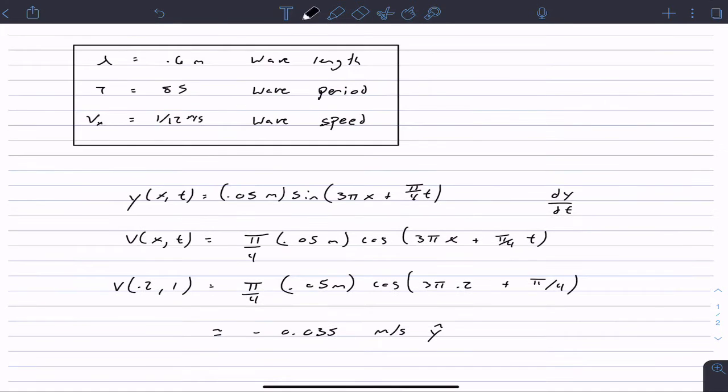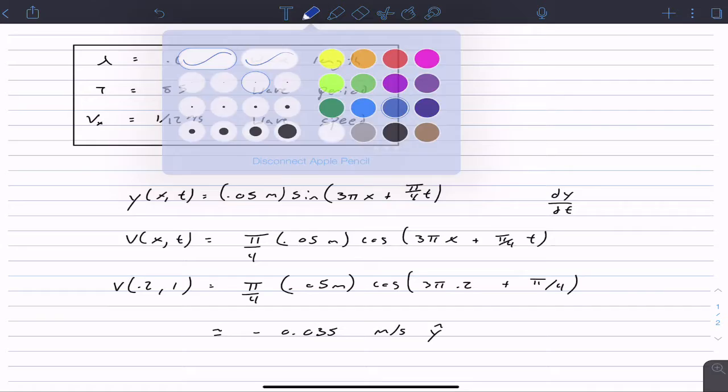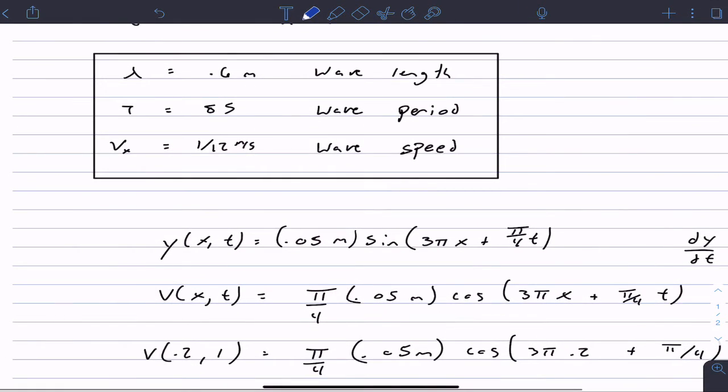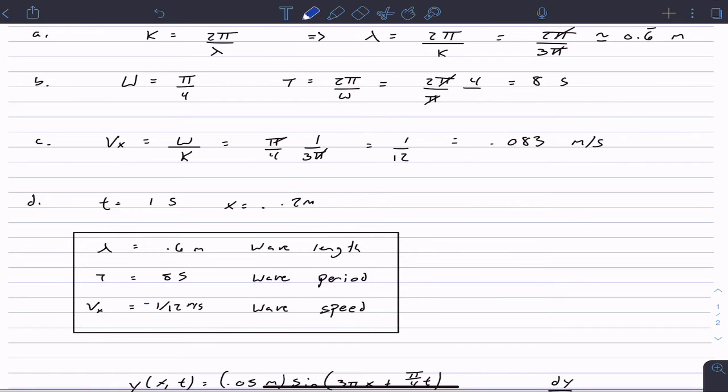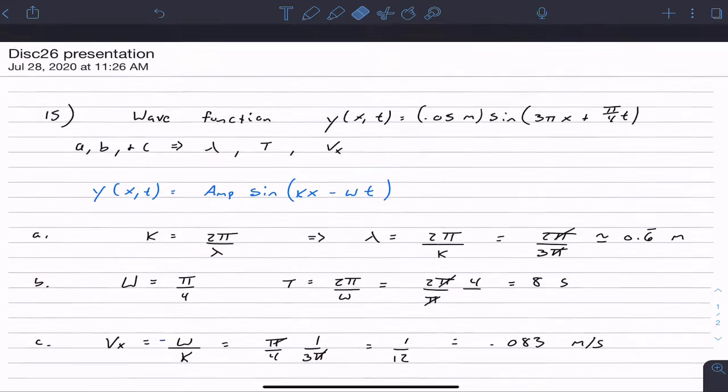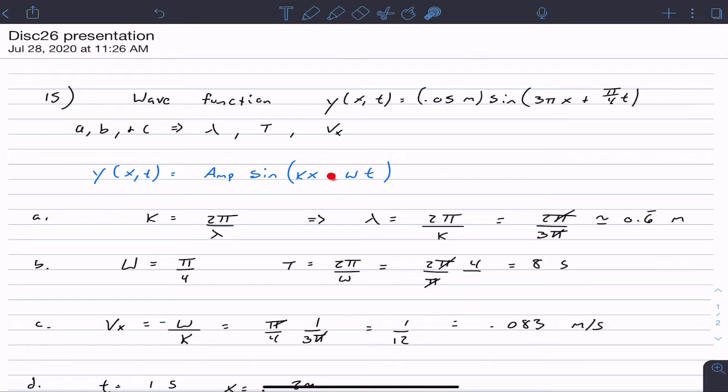One thing I neglected to write down is that this should be a negative sign. The reason is that we have a negative omega over k, because our basic form is minus omega t, and we're actually given positive omega t.